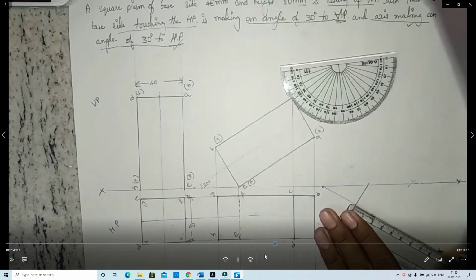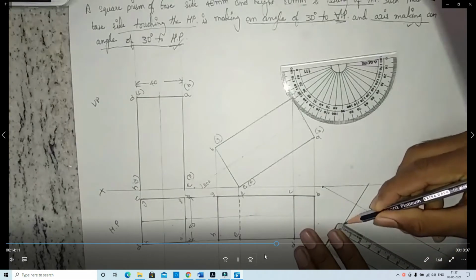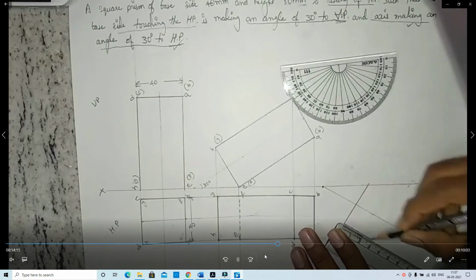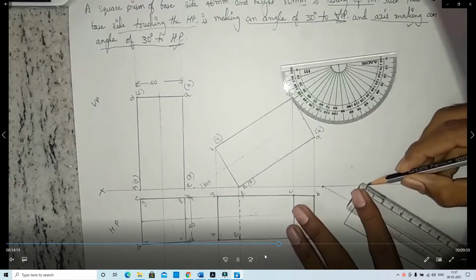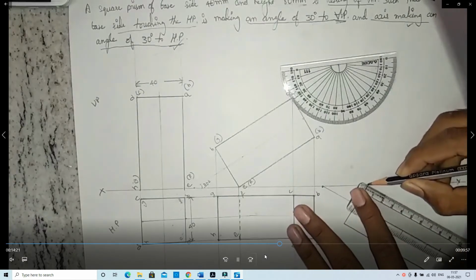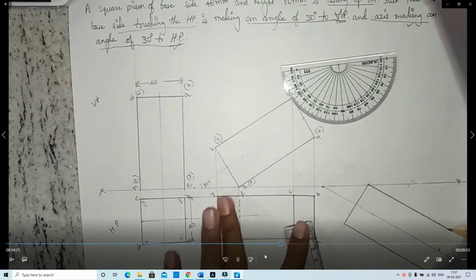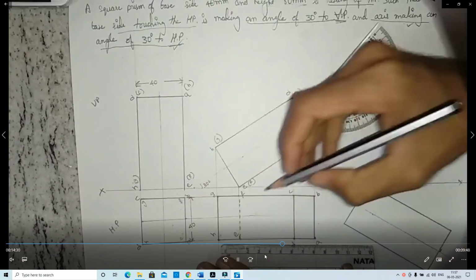And now you identify the point. Draw the line with the help of the scale. Now you join the other side also here. Okay.